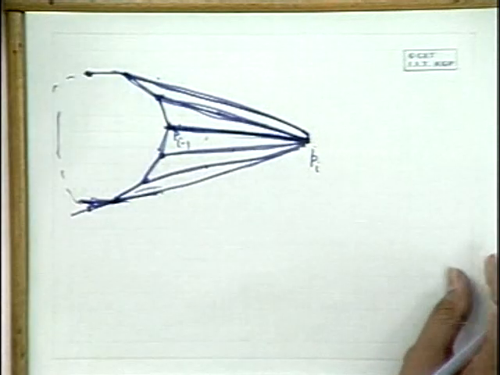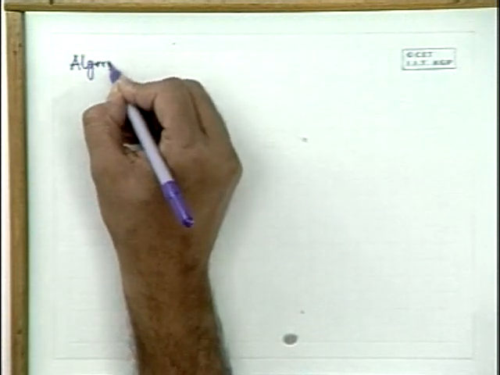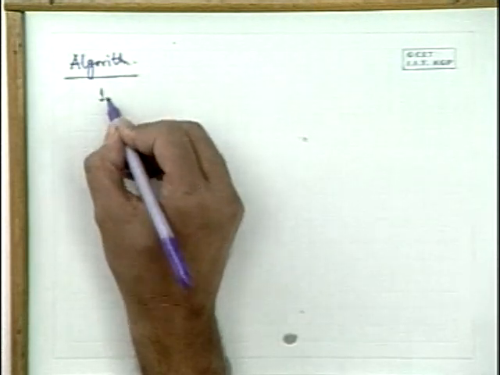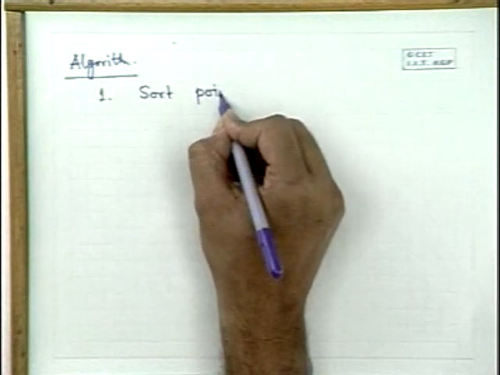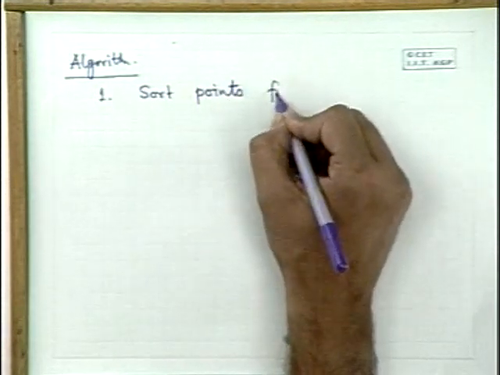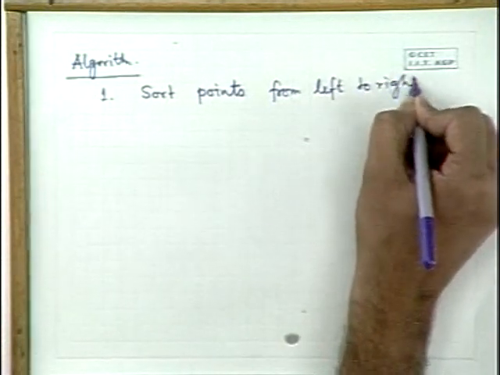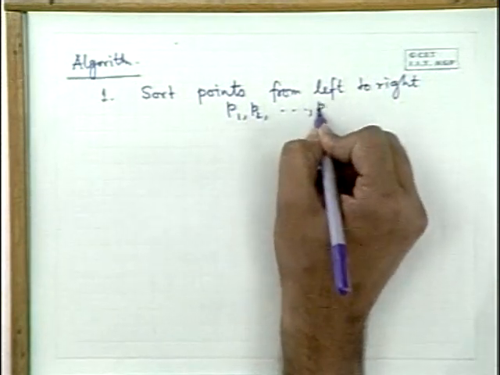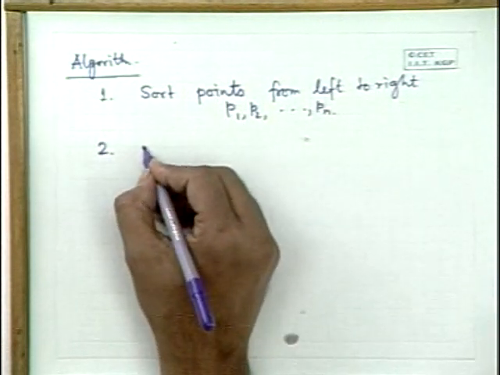Now let me first tell you the pseudocode for this algorithm. Then I will explain how to compute the left turn and right turn. So this is the pseudocode. First step: sort points from left to right, which gives P1, P2 up to Pn. Second step. So how do you start?